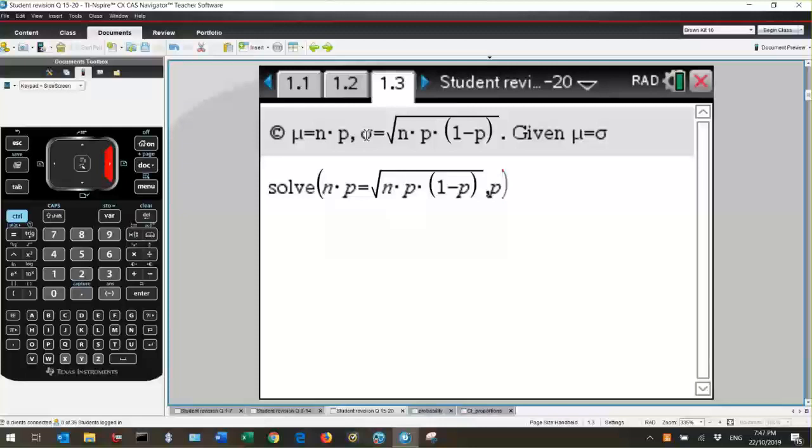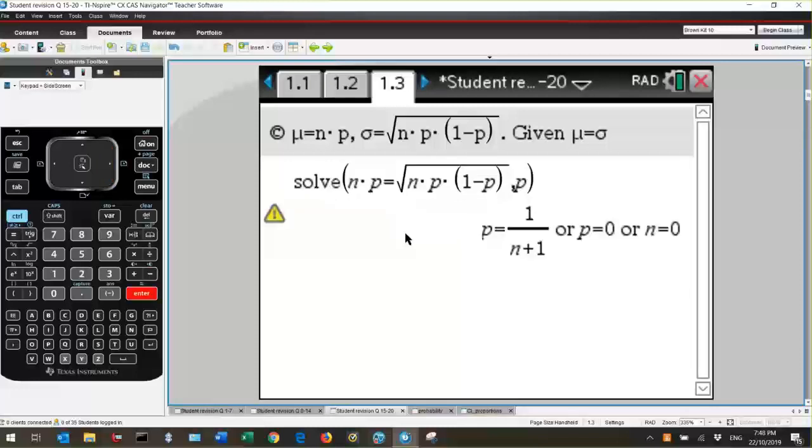We're also given the information that the mean and standard deviation are equal. So we can equate those two expressions, the n times p and the square root expression, solve that for p, so we can find p in terms of n. And of course, we know that p times n cannot equal 0 because we were told that.